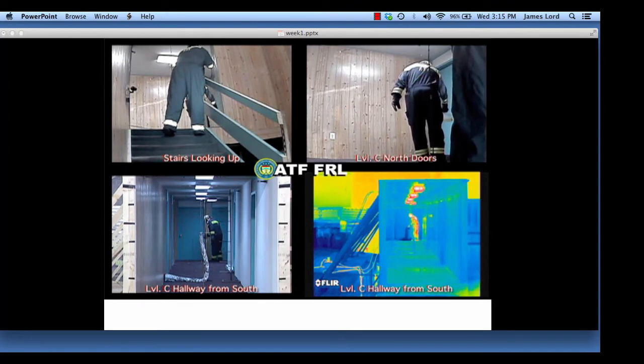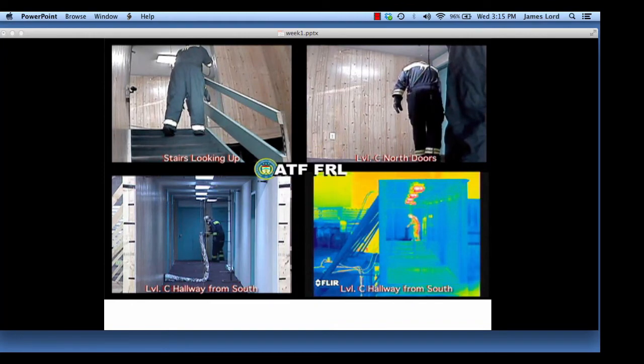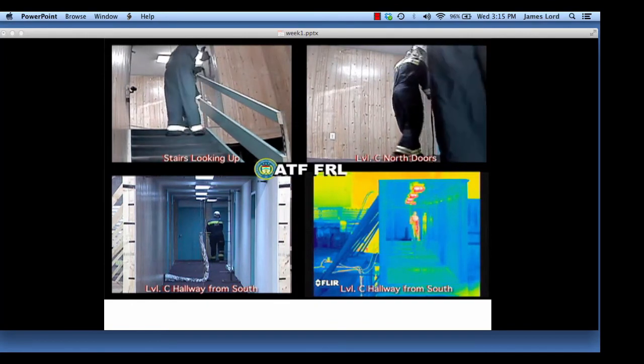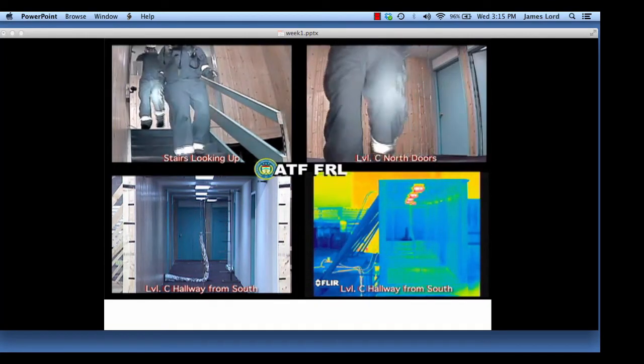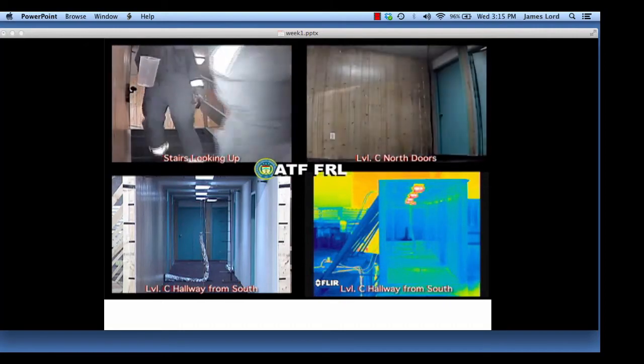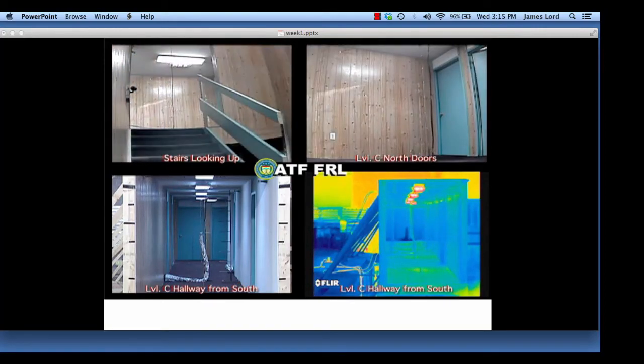The lower left, you can just see a view all the way down the hallway on that top floor, as well as the lower right, which is a similar view but looking at an infrared camera. So the purpose of this test then was to see, okay, if we could light a fire here and it moves down the stairs and flashes over level B at about the same time as level C, then that might be a possible theory that could have worked in the actual fire.